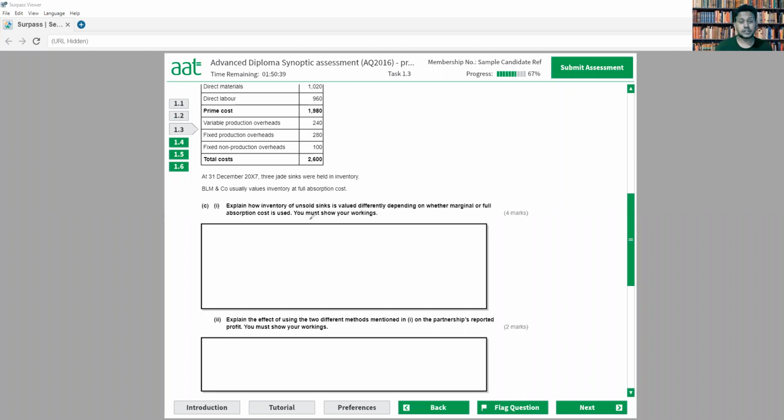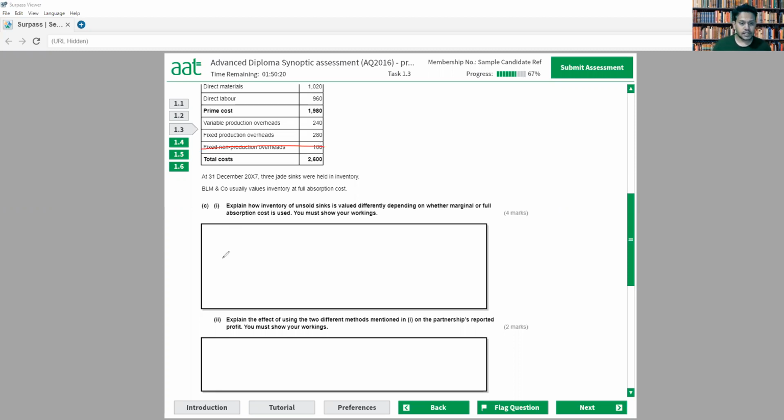So with the marginal, only variable. With the absorption or the full cost, variable plus fixed production, not the non-production. Don't take the non-production one. Okay, so this one I'm going to cross because you don't need it anyway. Remember that for any of the methods, you're not going to take it.